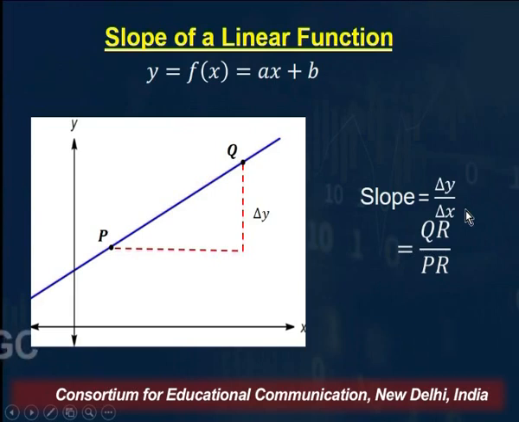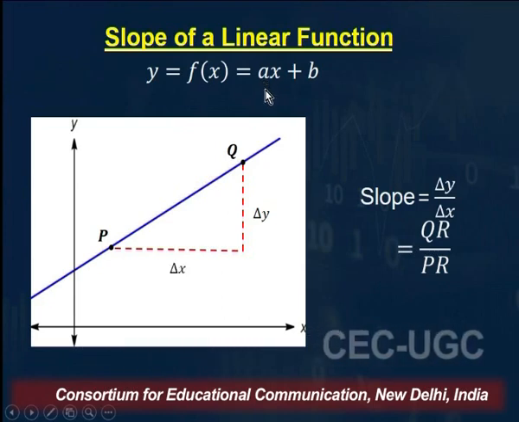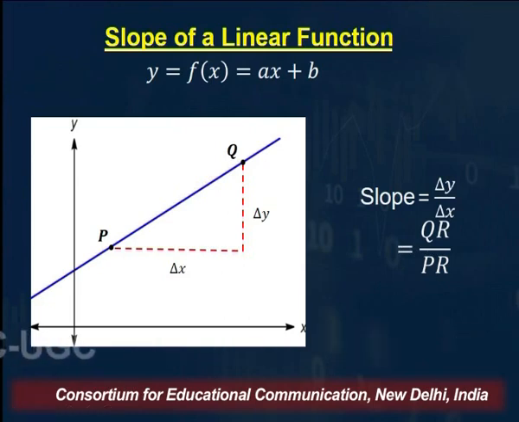Basically, when we talk of the slope, this parameter a represents the slope, and it is nothing but the change in y, the number of units by which the variable y changes per unit change in x. So the slope is given by delta y upon delta x, or change in y upon change in x.